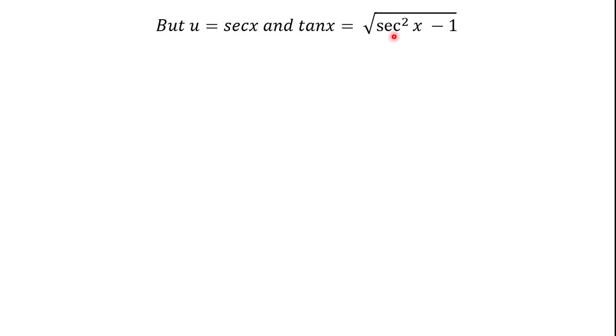So here we have secant squared x minus 1, but we know that secant x is what? u. So we will write u here and it will give us the square root of u squared minus 1.